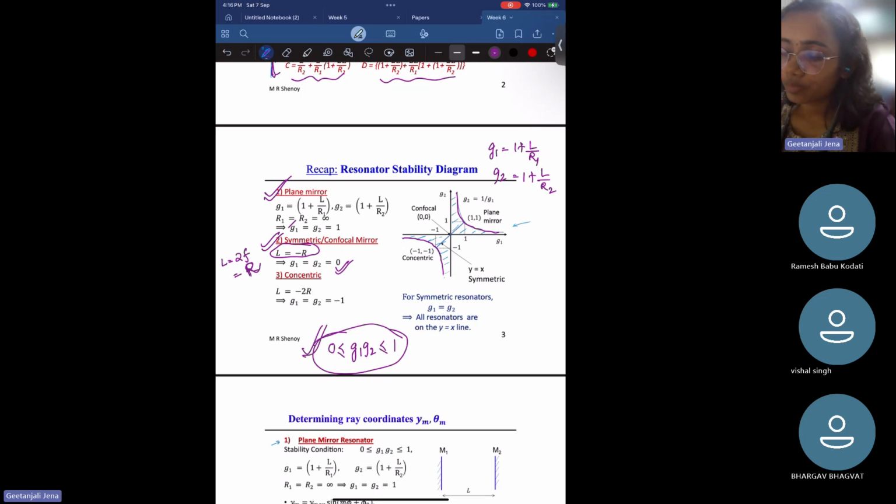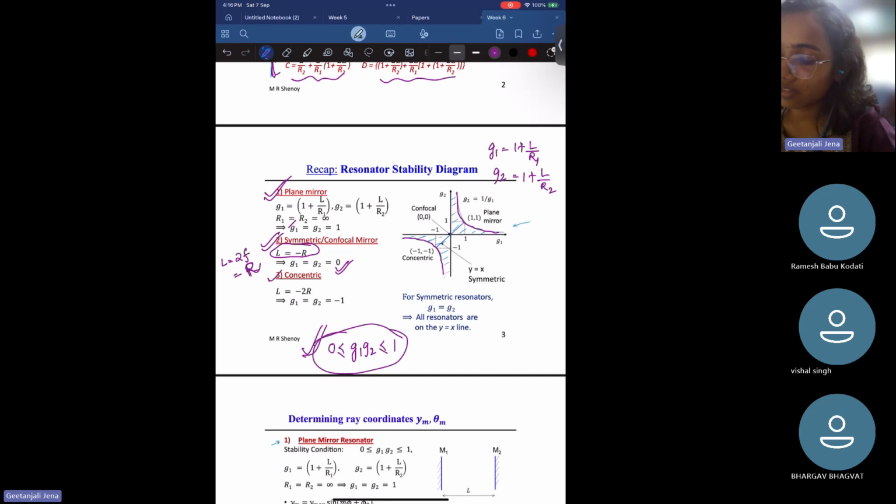If you want to point out the location of this symmetric mirror resonator on the stability diagram, the origin of the stability diagram defines the confocal symmetric mirror resonator situation. So this point defines the confocal mirror resonator.